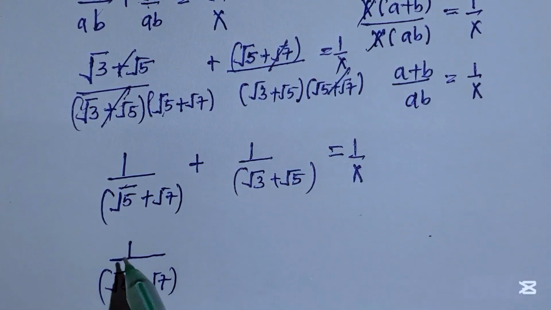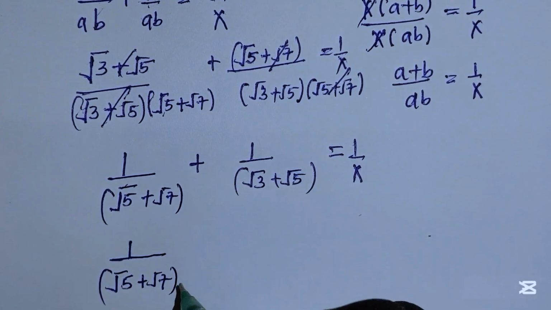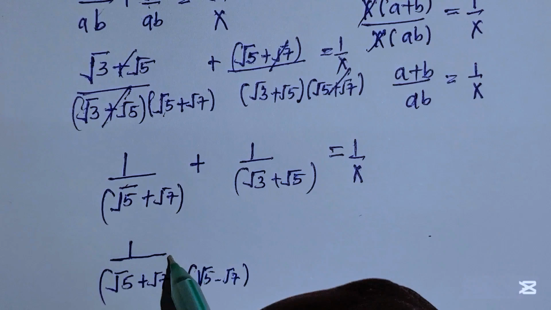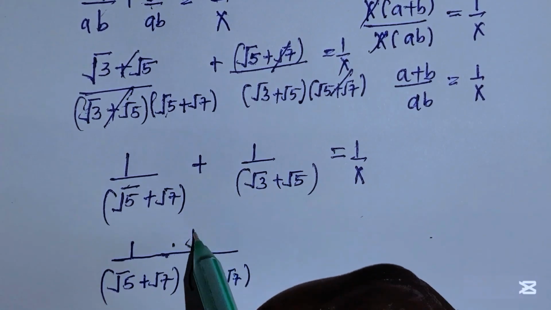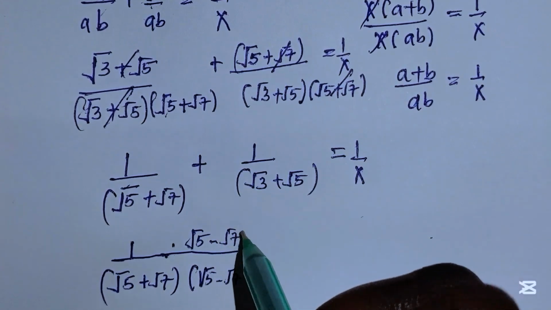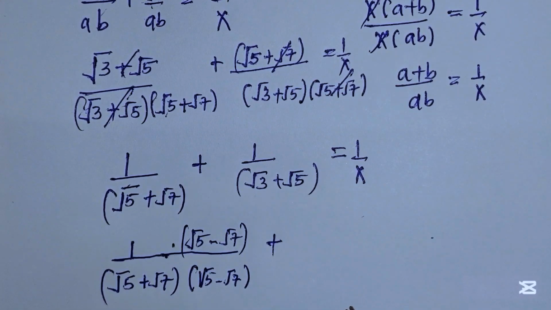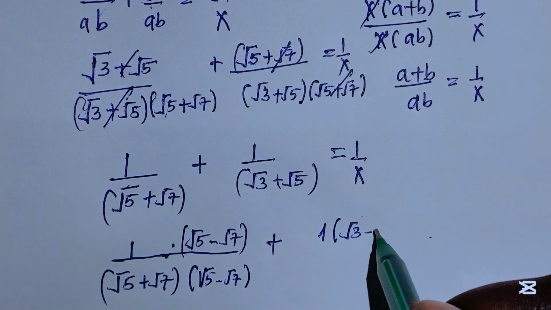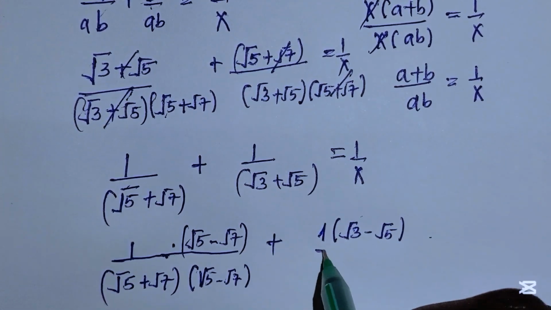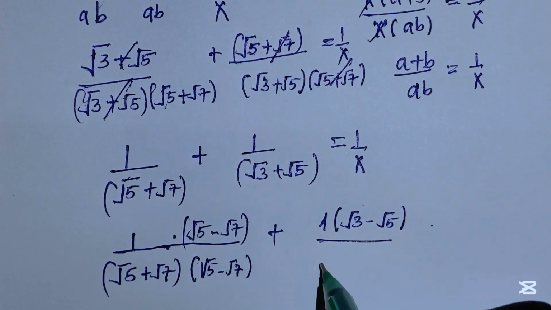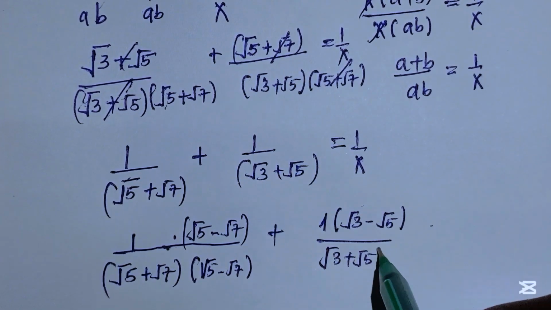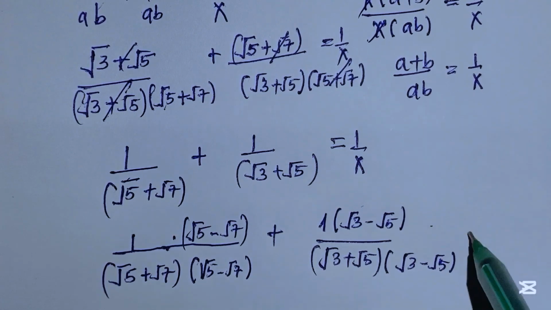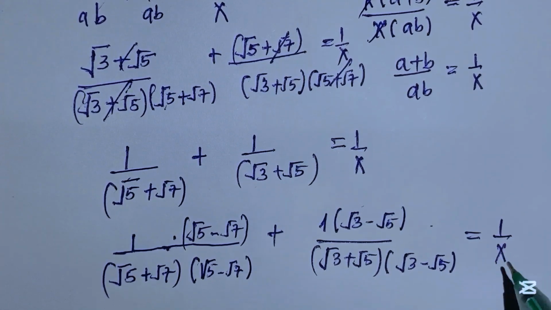Then times on this part, okay, square root of 5 minus square root of 7, and then times above square root of 5 minus square root of 7 plus, okay, because this is equal to 1, square root of 3 minus square root of 5 over, okay, square root of 3 plus square root of 5 times square root of 3 minus square root of 5, which equals to 1 over x, okay.